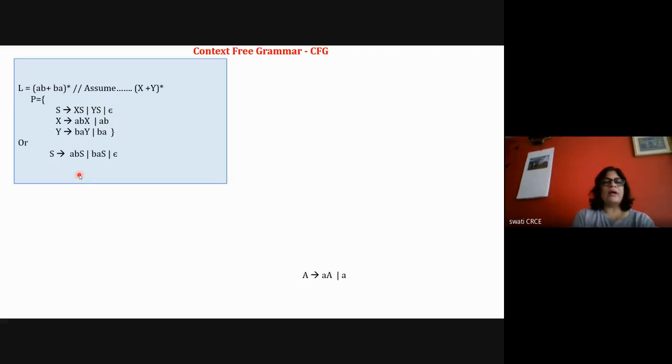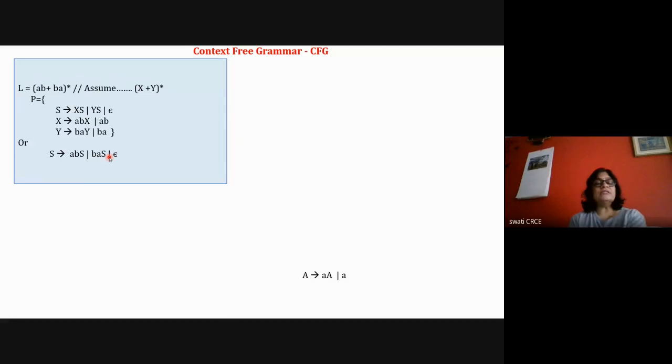Or you can also have this solution that S is equal to ABS or BAS or epsilon. So this is more efficient solution because here the less number of variables are used. So in case of context-free grammar, when you simplify the grammar, you remove the useless symbols. So this X and Y may be useless in that case. And when you simplify this grammar, you will get this answer with only one variable.